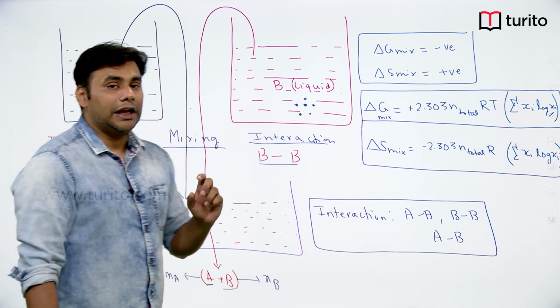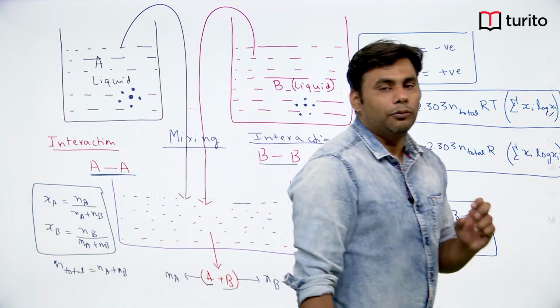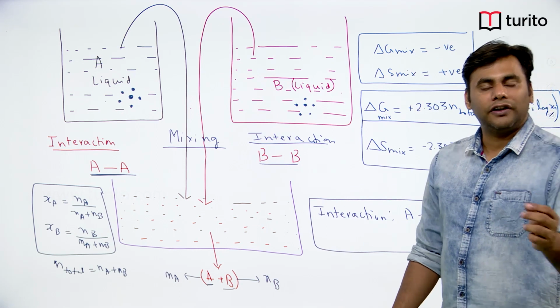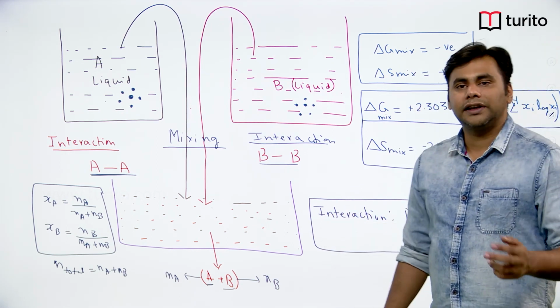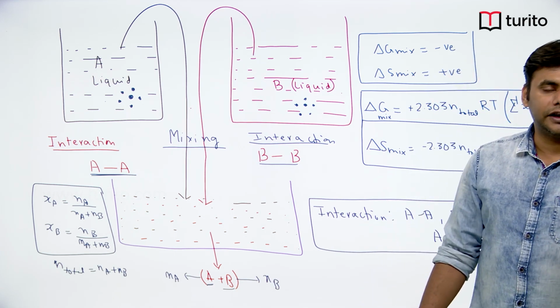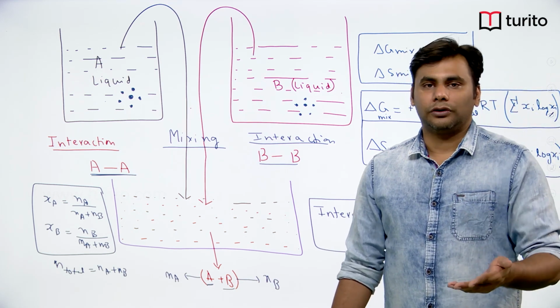So we'll say that the environment of that particular molecule has changed, because instead of A, now some B molecules have also come. Similarly for B, instead of B surrounding it, some A molecules have also come.